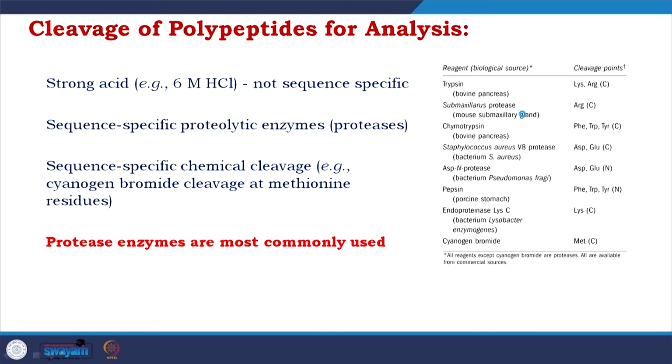Then you get submaxillaris protease which cuts at arginine specifically, chymotrypsin, phenylalanine, tryptophan, tyrosine, Staphylococcus aureus V8 protease, aspartate and glutamate, the acidic ones, Asp-N protease, aspartate and glutamate, pepsin, phenylalanine, tryptophan, tyrosine, endoproteinase Lys-C at lysine, cyanogen bromide at methionine. So, these are all proteases and this is chemical.